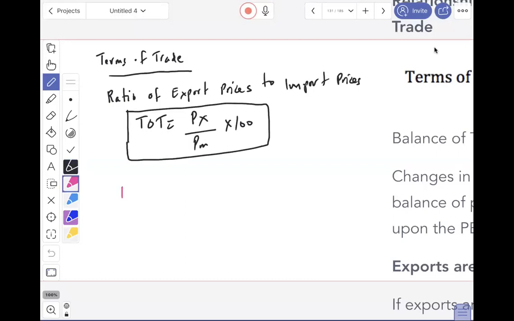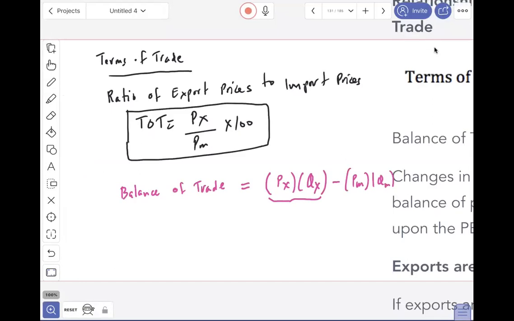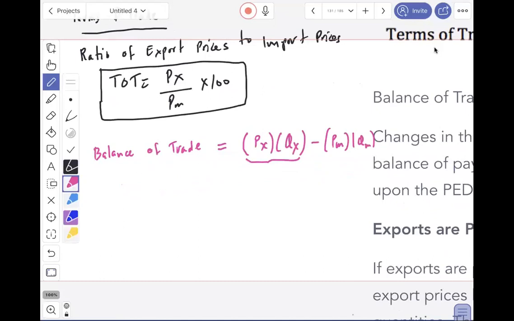What is balance of trade? Balance of trade is basically your Px times Qx minus Pm times Qm. In other words, it's the export expenditure or export revenue, minus import expenditure or import revenue for somebody else, right?